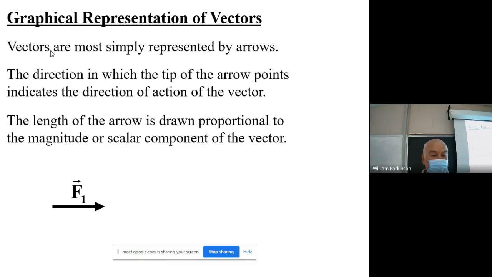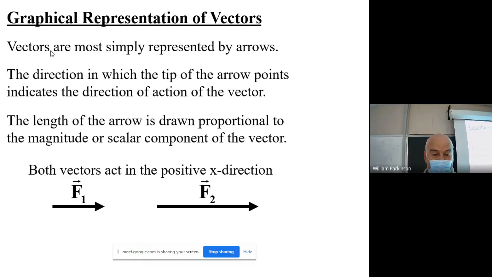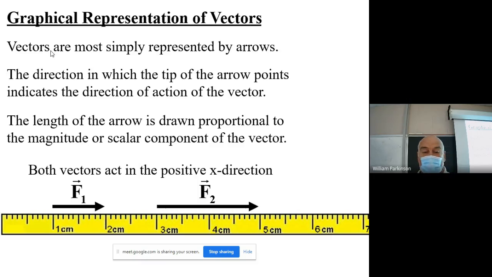So for instance, if this is a vector describing a push of F1, and this is a vector describing a push of F2, notice these pushes are acting together. And then quite simply, I can combine the two vectors. If I measured the two of them simultaneously and got a length of each vector, I noticed that F2 is double F1.